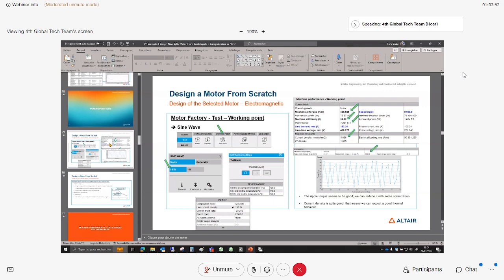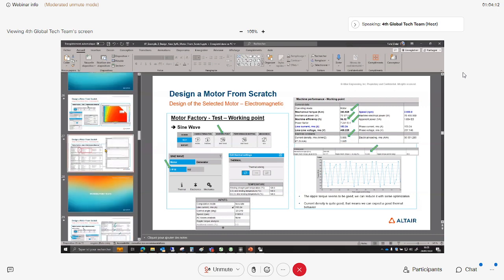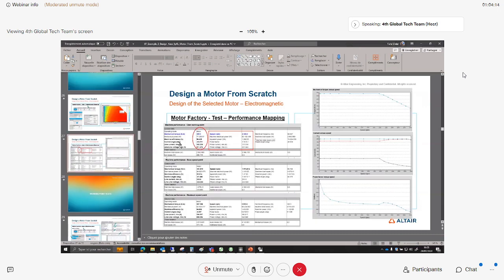With this accurate computation, I can later make an accurate thermal computation. So if you go to the sine wave working point here, since you have the current, right?